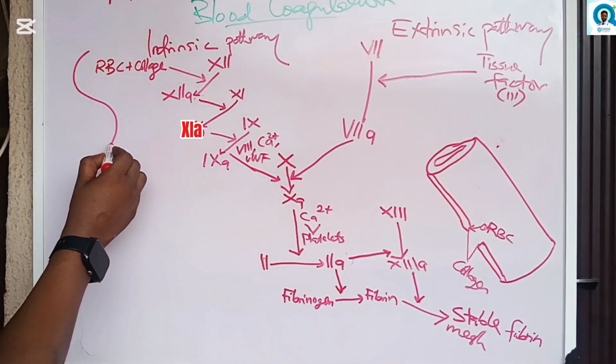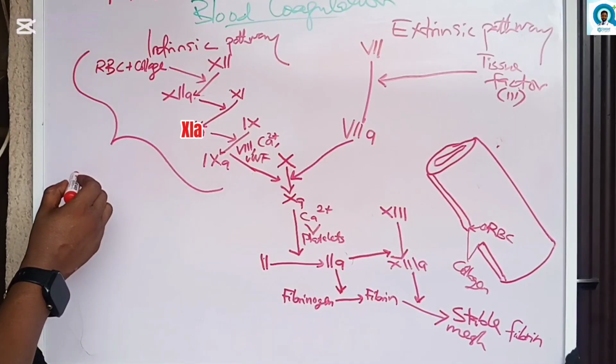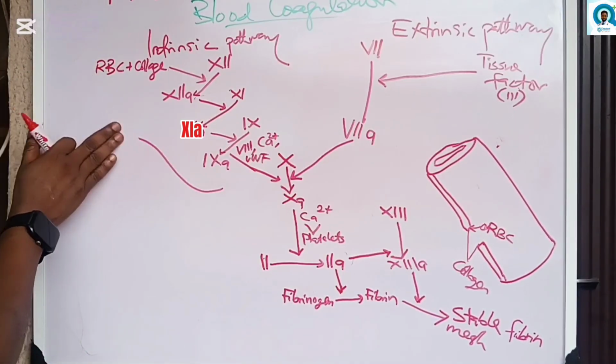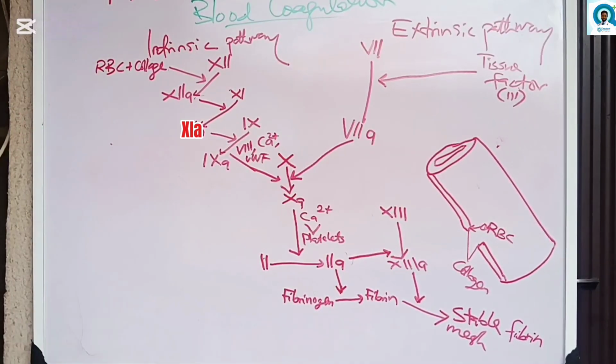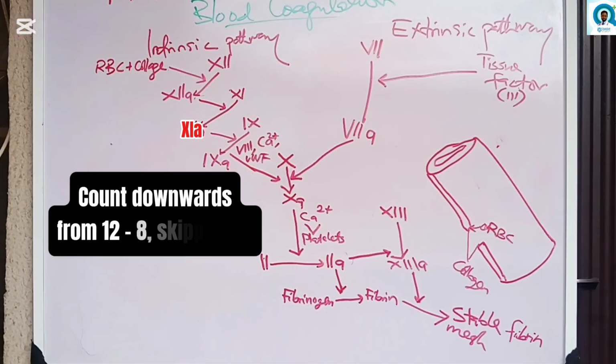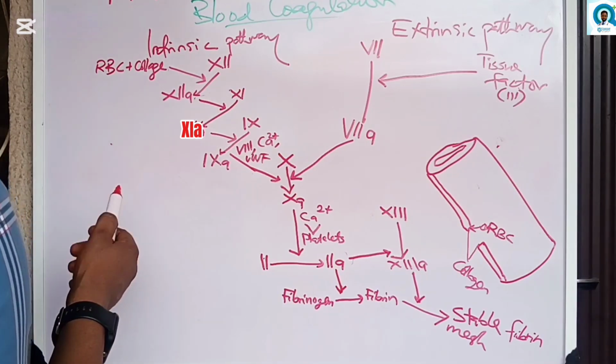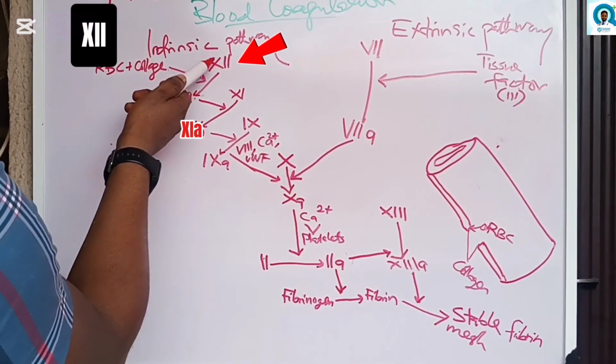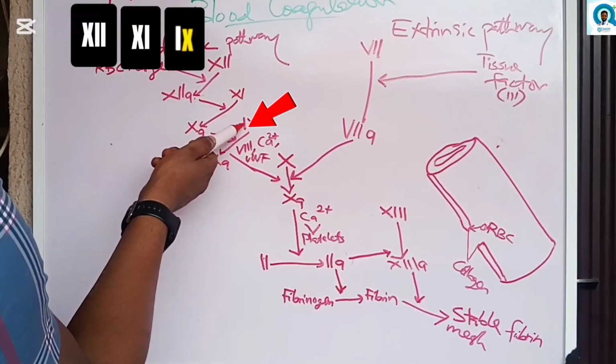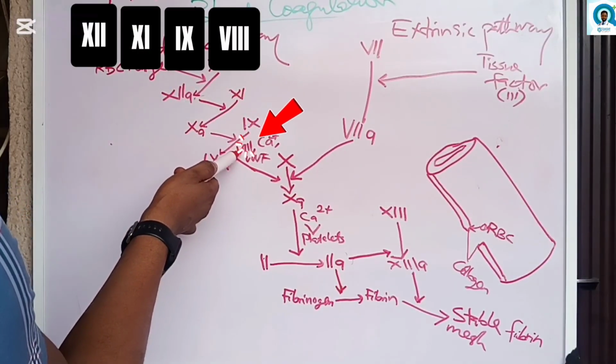Now, let's review a quick and simple way in which we can remember the clotting factors for the intrinsic, extrinsic, and the common pathways. For the intrinsic pathway, we count downwards from 12 to 8, skipping 10. That is 12, 11, 9, 8.